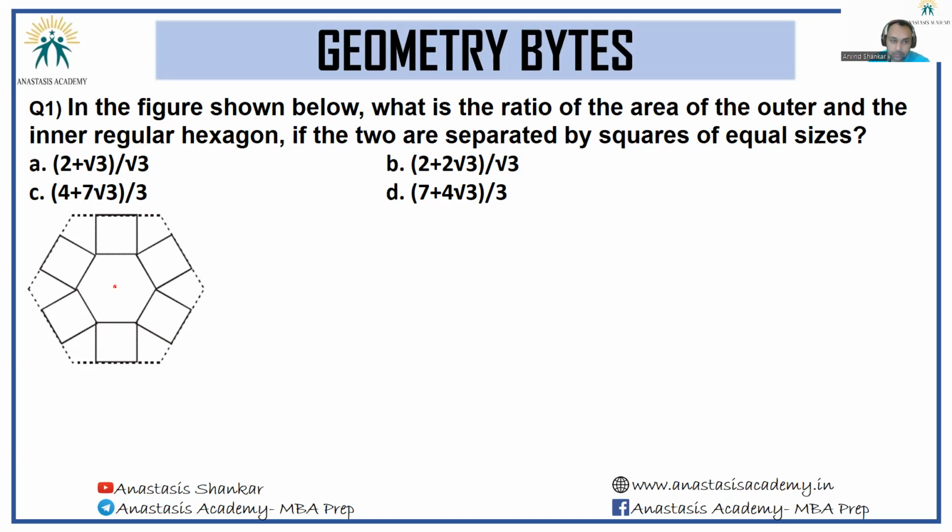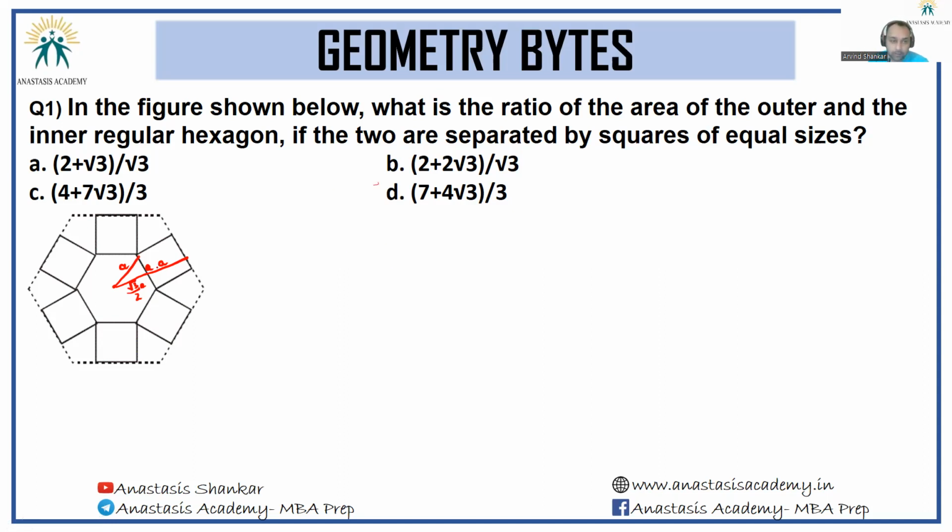If this is A, this is A, this height here will be root 3 by 2A. And this height here is A. So the two shapes are similar.